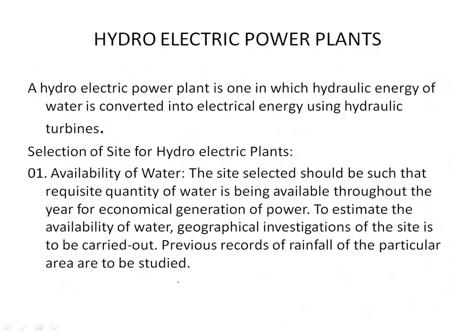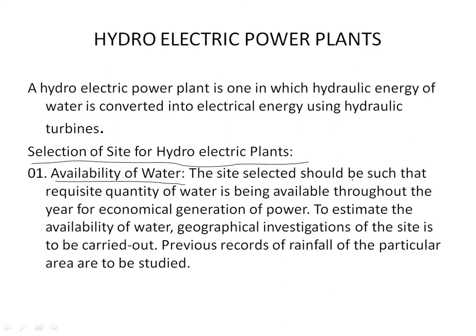What is hydrological cycle? Next we'll be discussing hydroelectric power plants. A hydroelectric power plant is one in which hydraulic energy of water is converted into electrical energy using hydraulic turbines. While selecting the site for hydroelectric plants, we need the following points, that is availability of water.